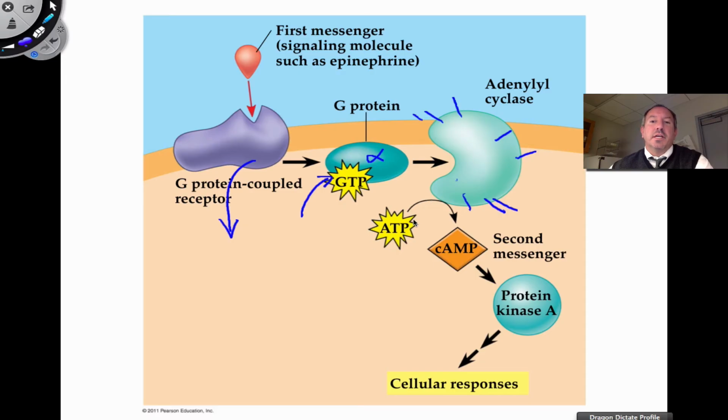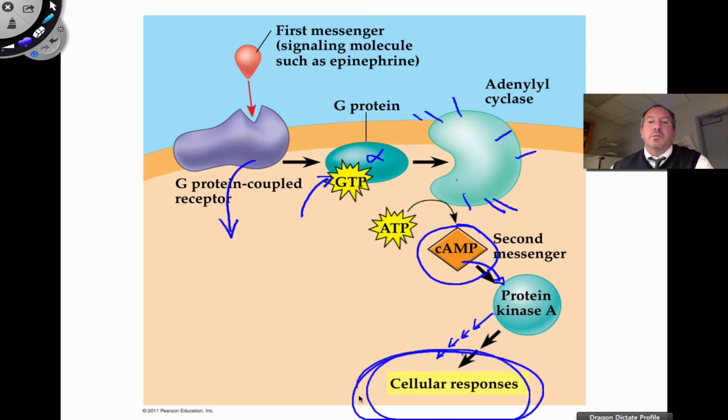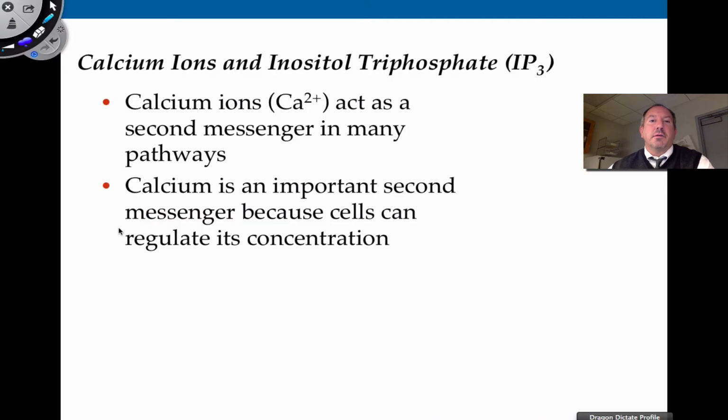And what does it do? It converts ATP into cyclic AMP, which is the secondary message. This then binds with protein kinase A, and then this thing, not shown in detail, starts another signal transduction pathway, and the cell responds. So cyclic AMP is a secondary message.